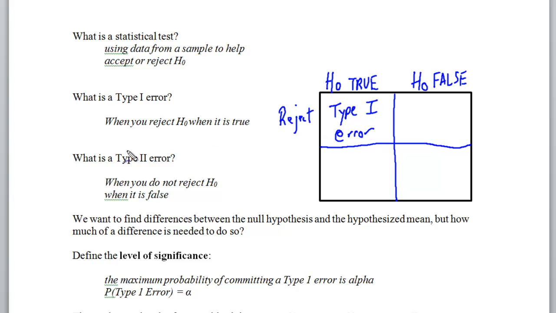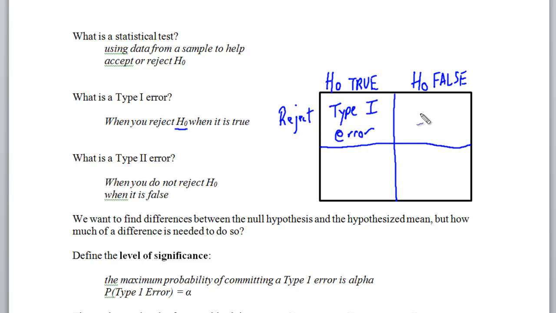That's when you reject the null hypothesis when it's true. Let's say I was a big proponent saying that, oh man, the attendance is going to change after spring break. But if we run the data and find out that the conjecture holds, that attendance doesn't change after spring break, and then I reject that, I've made a type 1 error.